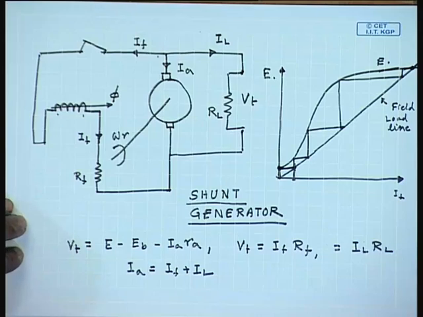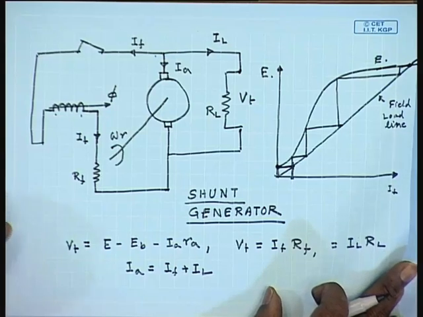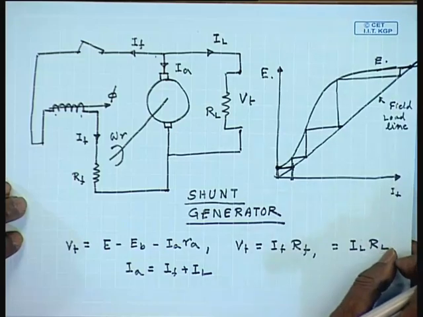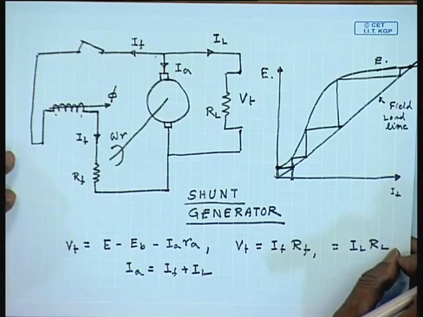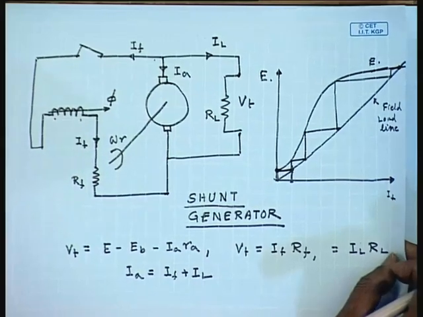These are the steady state equations of a DC shunt generator. Now, it has to be understood that this self excitation process requires certain conditions to be satisfied before an appreciable voltage is generated across the terminal of the generator at no load. Let us look at those conditions.